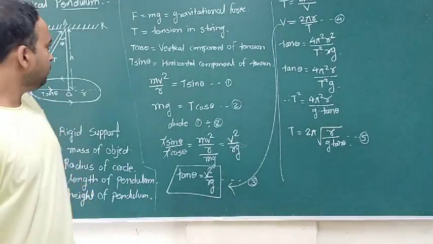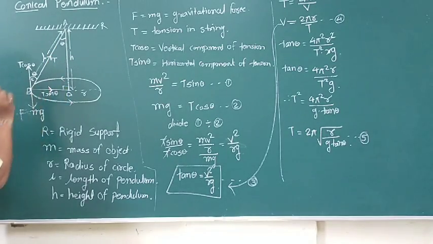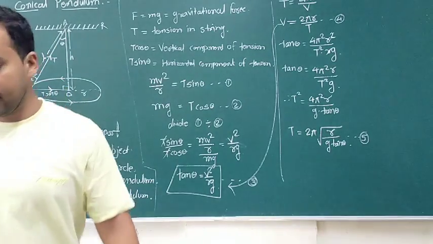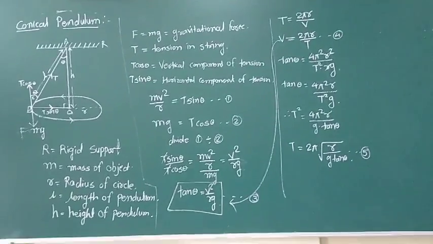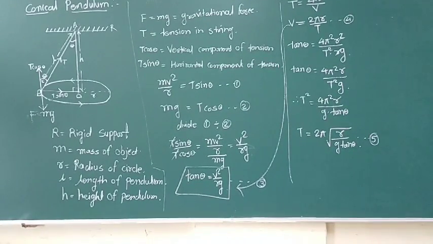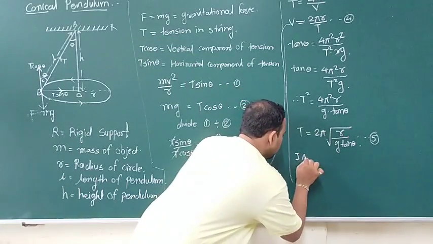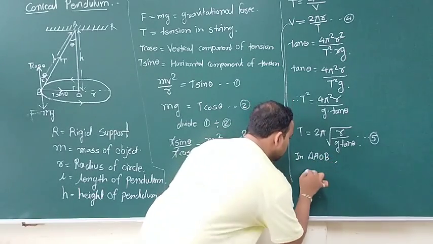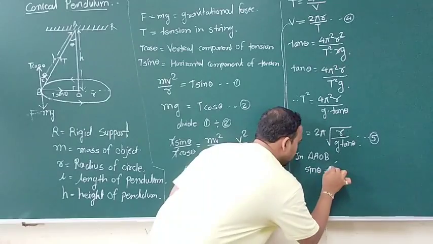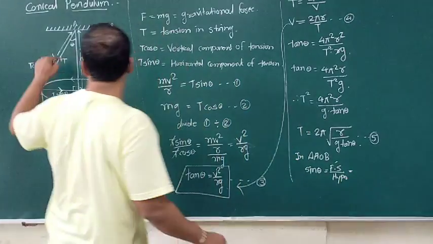Now see here, triangle AOB is a right angle triangle. So in triangle AOB, sin theta is equal to front side upon hypotenuse.